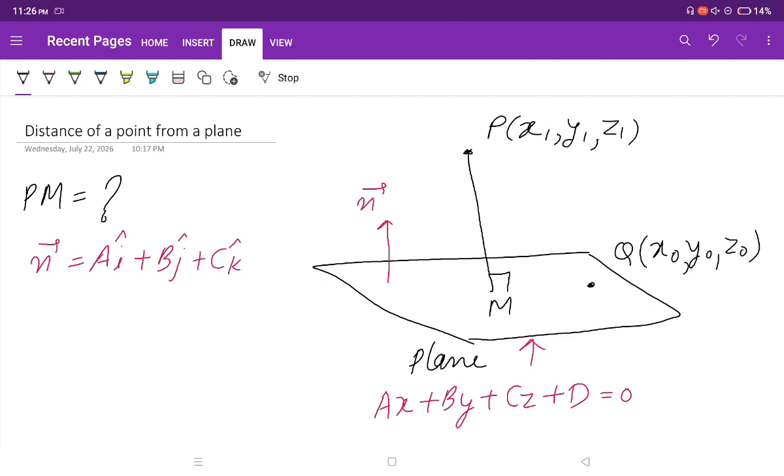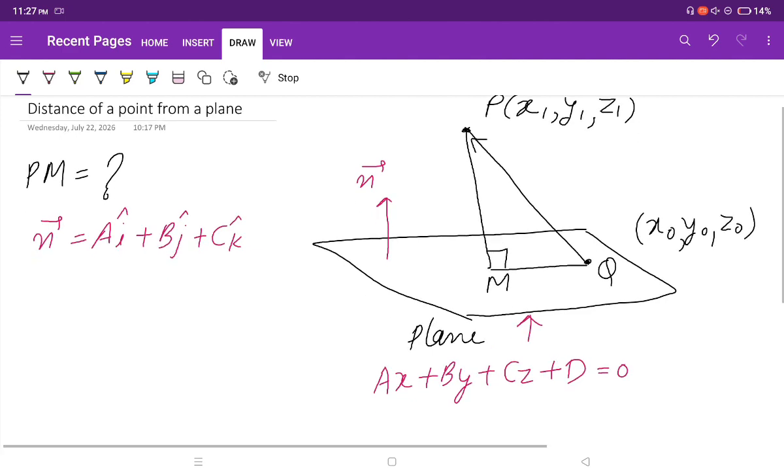Now this point Q, we have PQ, QM and PM. We have PMQ as a right angle triangle, or in vector form we have QP vector and MP vector.